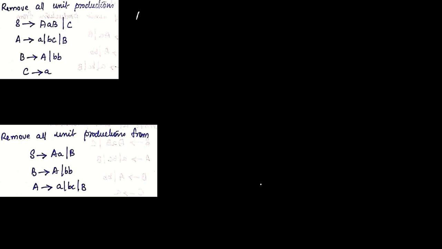Then unit productions. Here we have unit productions in this question. S gives C is one unit production. Then A gives B is another unit production. Then B gives A is another unit production. So here what you have to take is this one, AAB.